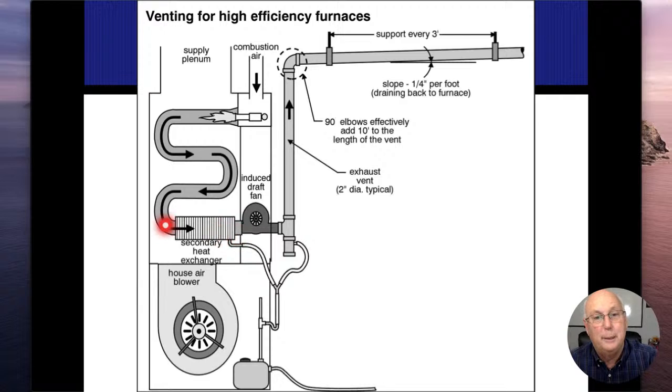And if there's an opening, then it's just going to drip straight down to the floor. It's a pretty strong indicator if I have water dripping on the floor that I got a hole in that secondary heat exchanger. All right. Same thing though, we still want to be 1/4 inch per foot vented up and away. But again, it's not so much to let the heat rise as it is to let the condensation fall back.